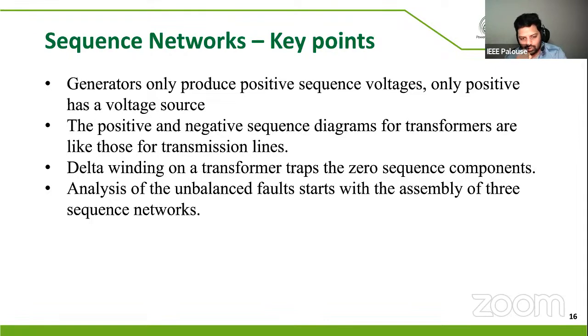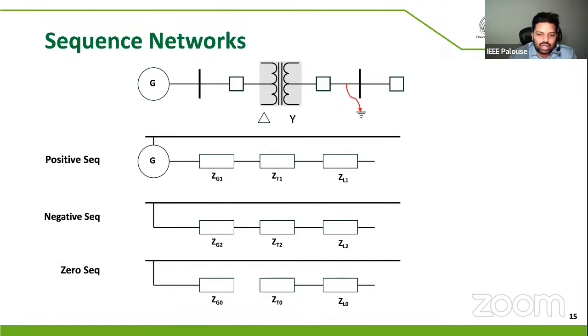If you want to start analyzing these unbalanced faults, it all starts with developing the sequence networks. When you have a power system, the first job is to simplify the power system and write an equivalent network as shown in the previous slide. When you start with this equivalent network, the next step is your point of interest.